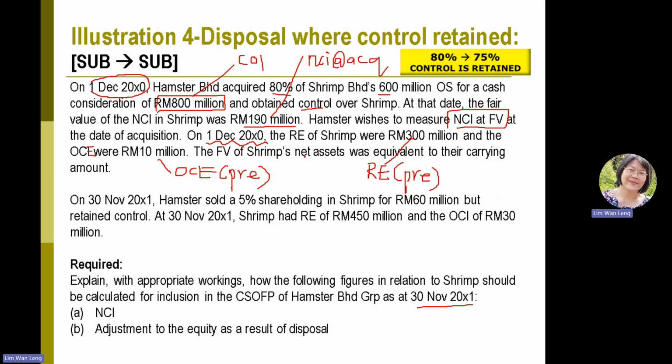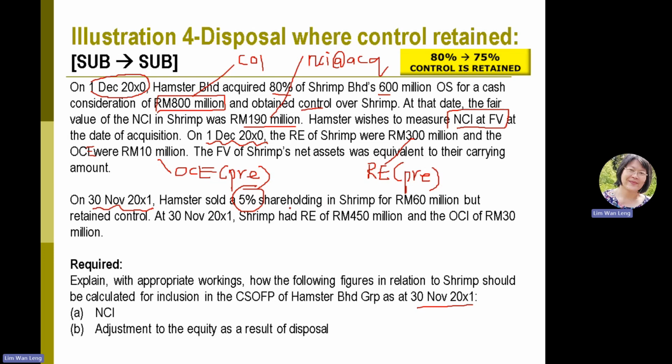Then they tell you the fair value of Stream's net assets were equivalent. Okay, these are no problem. On 30th November, this is happening when? First day of the financial year, last day of the financial year. Hamster sold 5% of the shareholding in Stream.